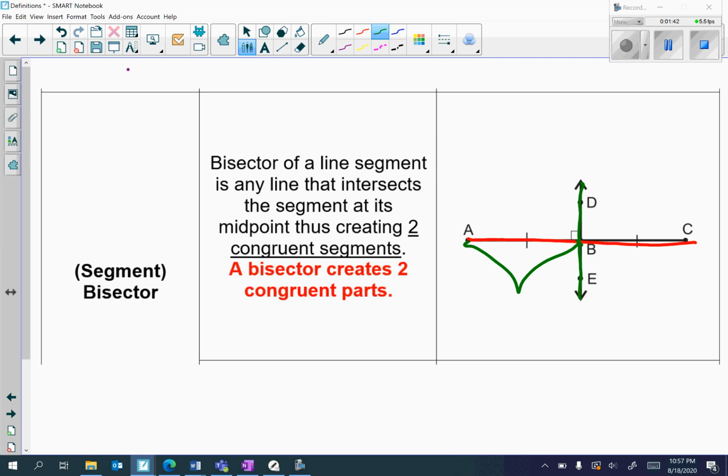AB is congruent to BC. Notice the congruence marks. So again, if AB was 6, then BC would also be 6. So this DE is the segment bisector that's cutting through line AC and creating two congruent parts. A bisector creates two congruent parts.